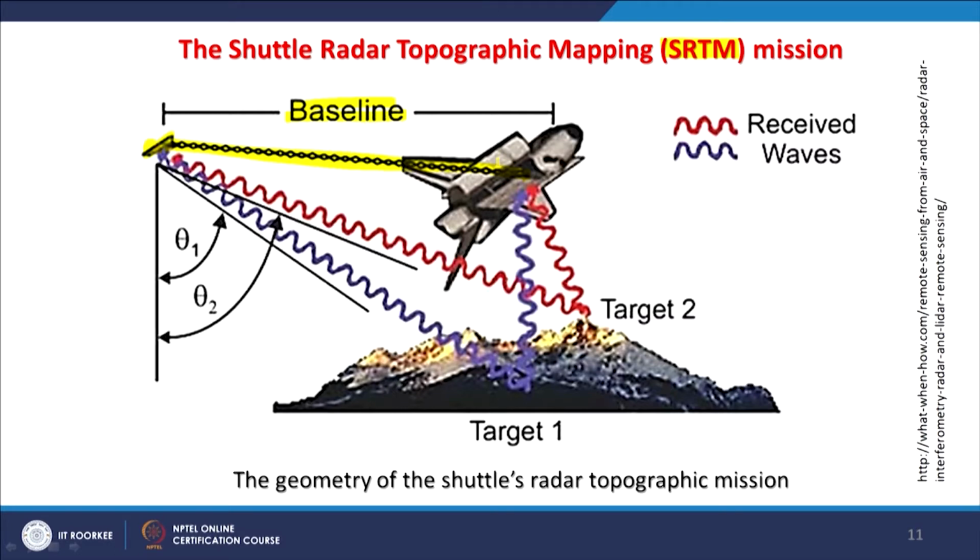So with a fixed baseline, with two different angles, the same area was covered at the same time, and that allowed generating a digital elevation model for almost the entire globe, in a relatively easy way compared to other techniques.